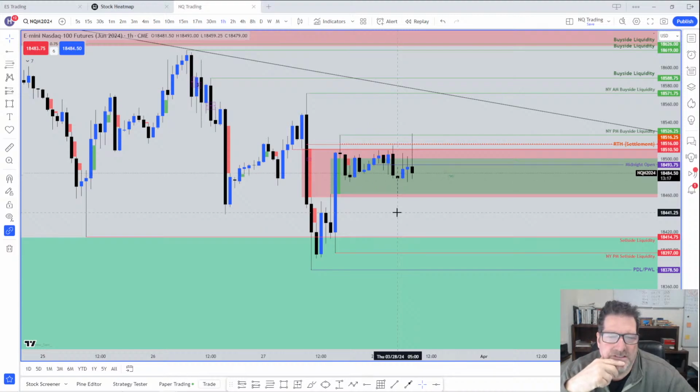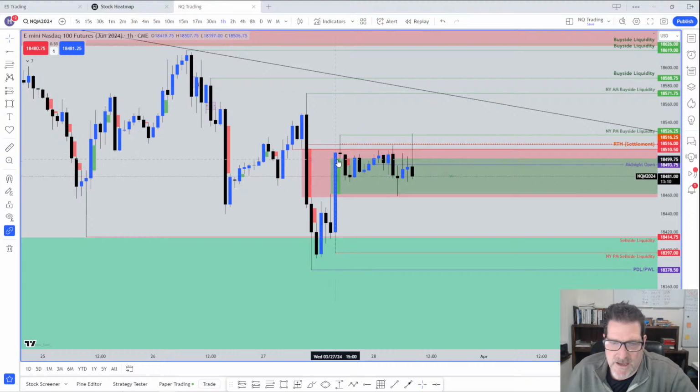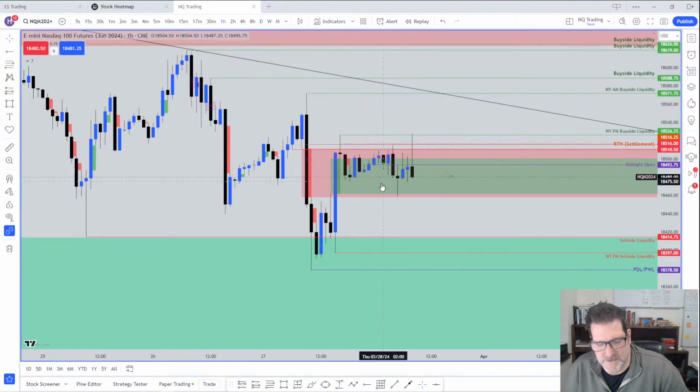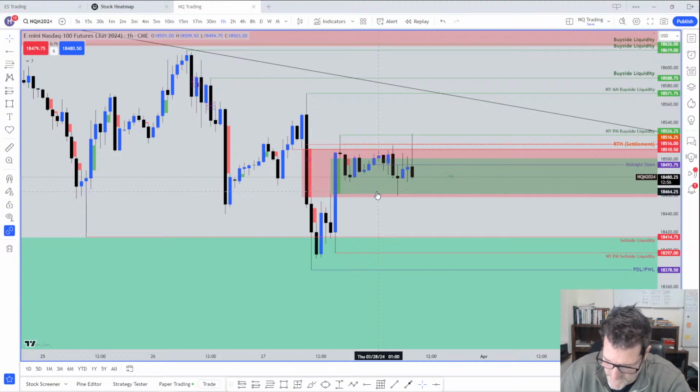I'm sorry, bearish. If it closes below this fair value gap, then that would lead me to believe I'm bearish. So at this point, because we're stuck in this little range here and in between, I'm 50-50 waiting, same as the 4 hour.